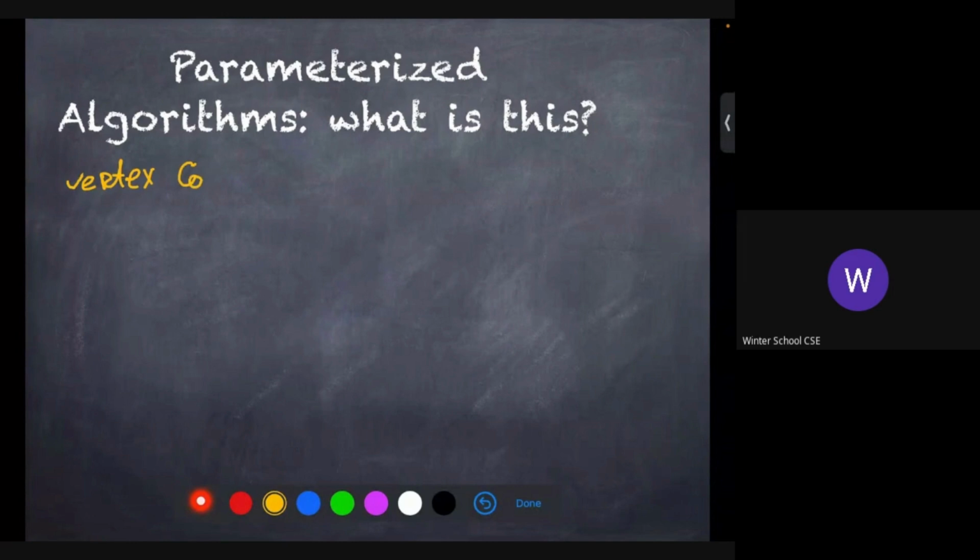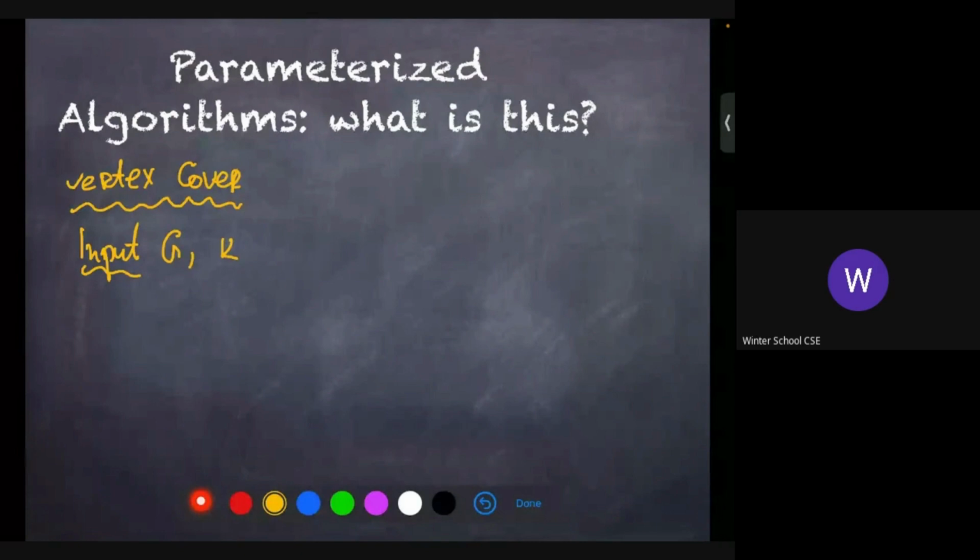Favorite problem, vertex cover. In this problem, I have a graph G. I have an integer k, and the question is: is the vertex cover of graph G at most k?